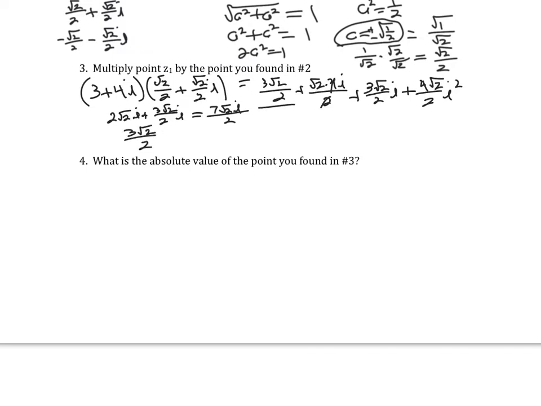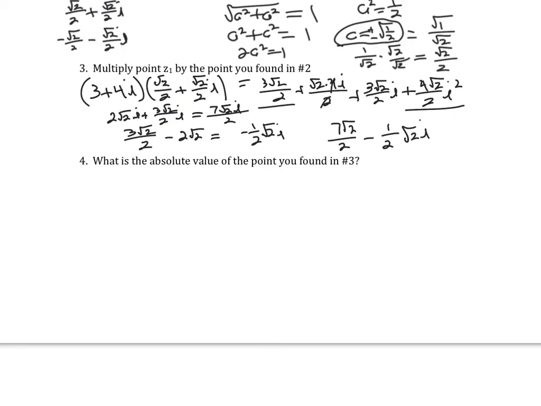That comes from here, and then from here, the i squared gives us negative 1, so we end up with negative 2 root 2. And so when we add these together, we get negative 1/2 root 2i. So our number then is 7 root 2 over 2 minus 1/2 root 2i.